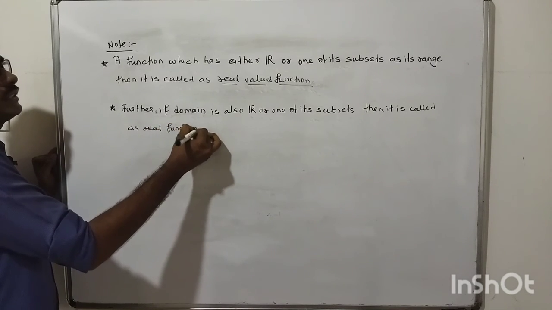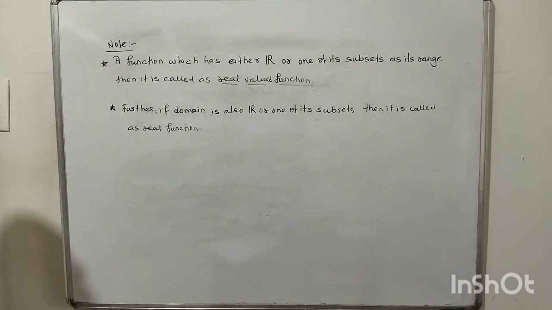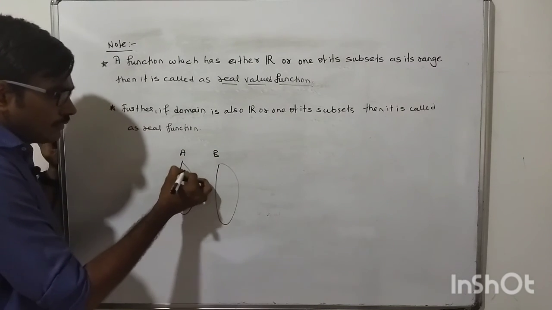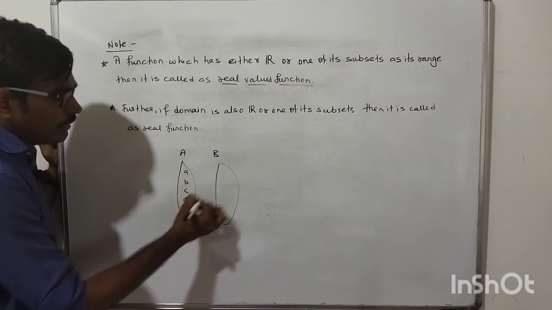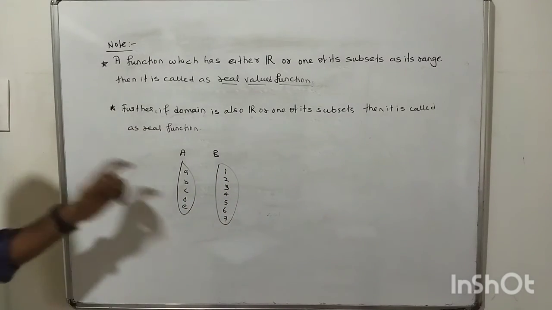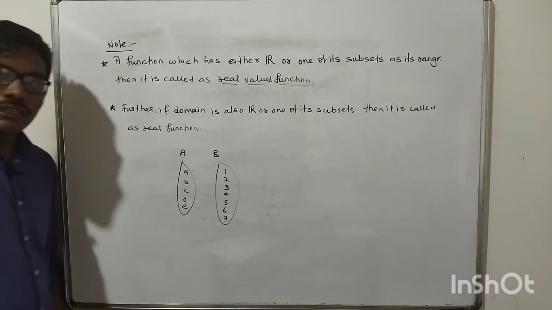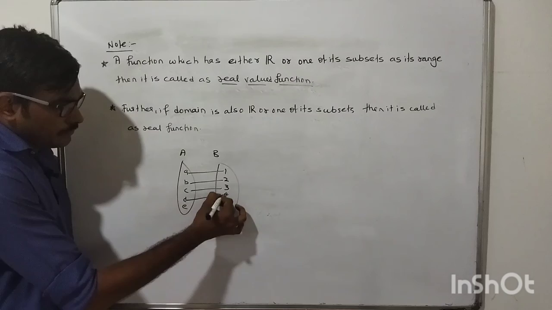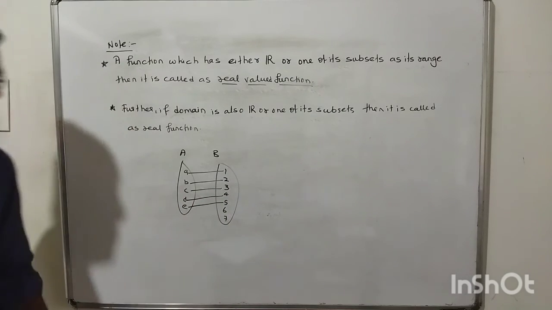For example, see, if you have A and B, A is anything, I'll write a, b, c, d, e, and B is 1, 2, 3, 4, 5, 6, 7. So this is a subset of real numbers, correct? And there is some relation here, and this is a function.